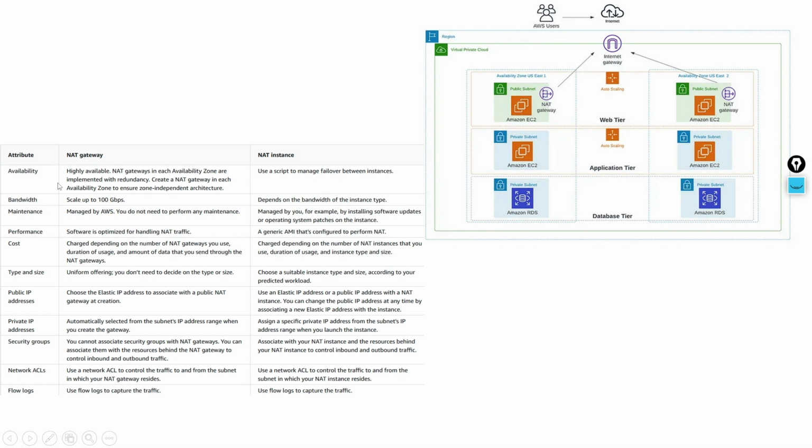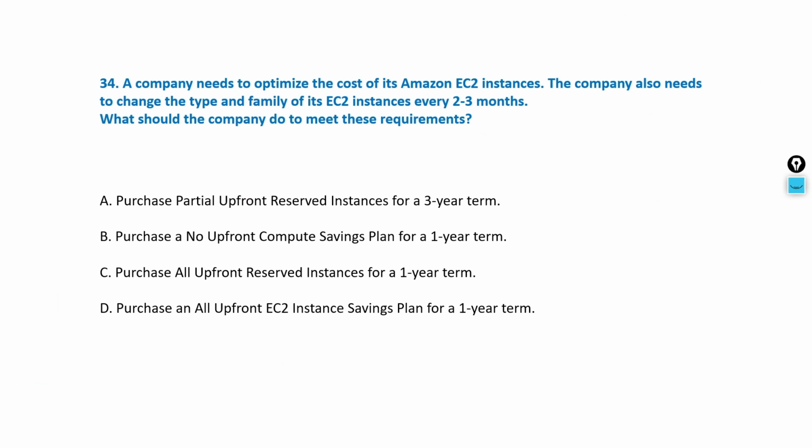On the left side you can see NAT gateway versus NAT instance. NAT gateway has high availability, bandwidth that scales up to 100 Gbps, good performance, and is maintained by AWS. So NAT gateway is the perfect suggestion. Option B is the correct answer. Let's move to the next question.